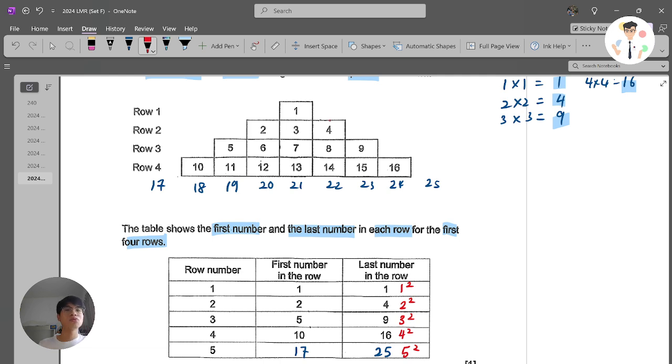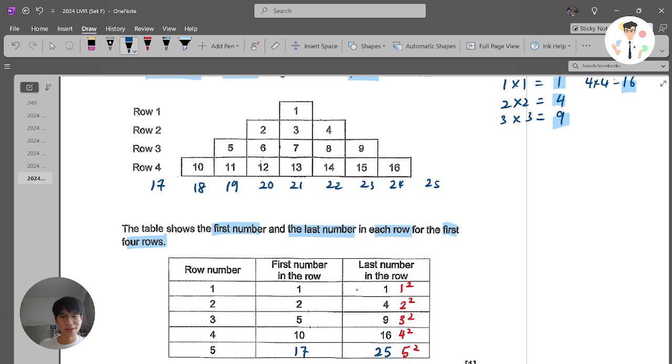But how do you find out the first number in the row? Let me give you a quick 10 seconds to think about it. It's a bit hard to find the pattern in 1, 2, 5, 10. But just make good use of the last number in the row.